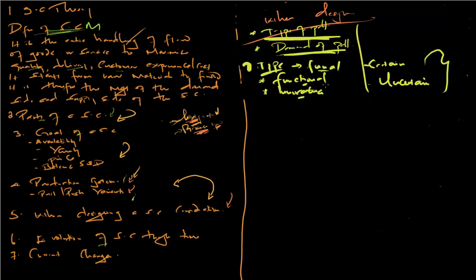For example, you need unga to run, you need milk, you need maize. Those are functional products. They are needed, they are necessities, they are basic bare minimums.